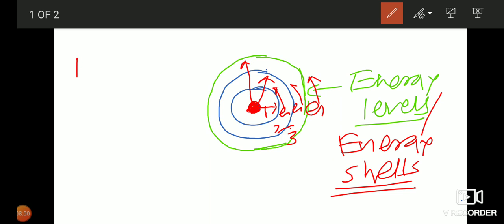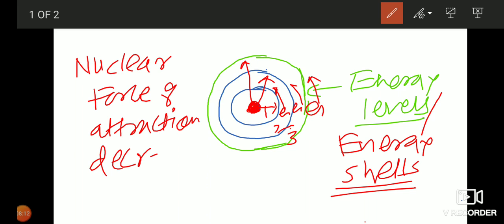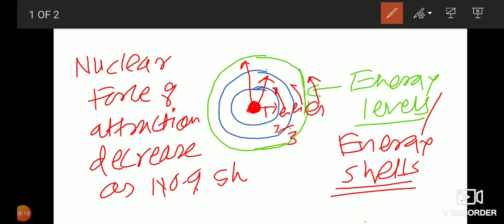Keep in your mind: nuclear force of attraction decreases as the number of shells increases.